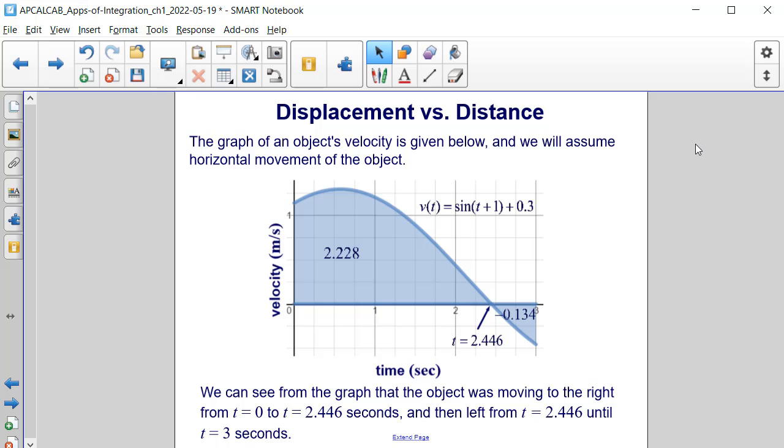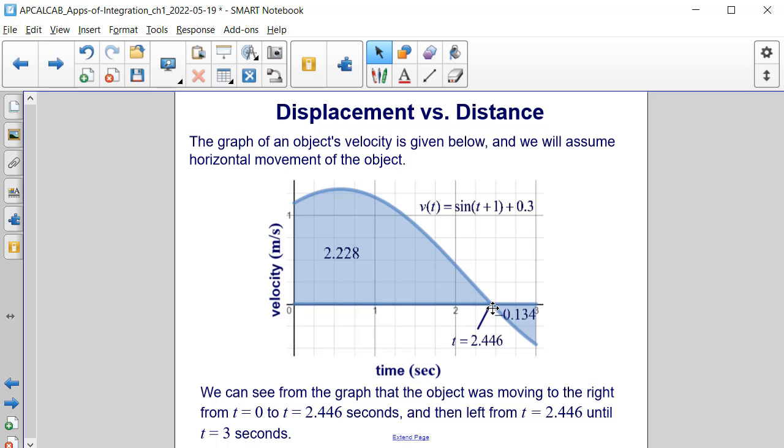Now let's look at another example. The graph of an object's velocity is given below, and we will assume horizontal movement of the object. We can see from this graph that the object was moving to the right from time t equals 0 to time equal to 2.446 seconds.